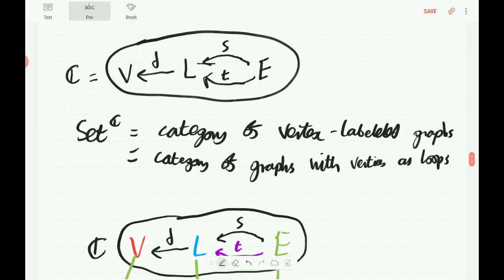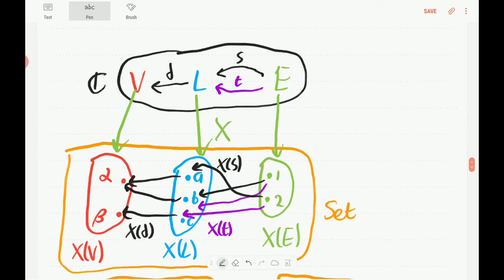But as usual, we can just think about, in set to the power of C, the objects are going to be functors from C to set. So what does such a thing look like? I have a picture of such a thing here, but the question really is, how can we visualize it?